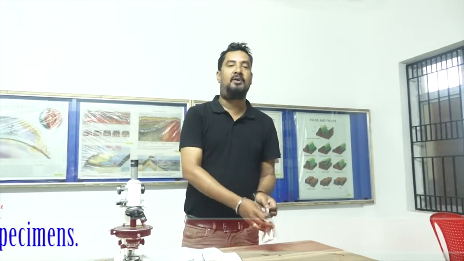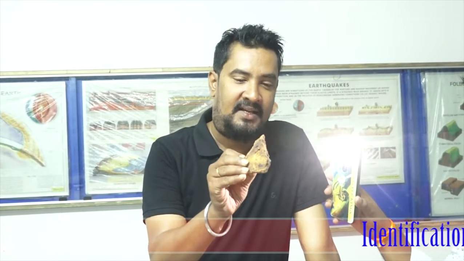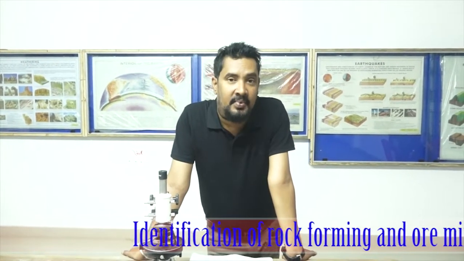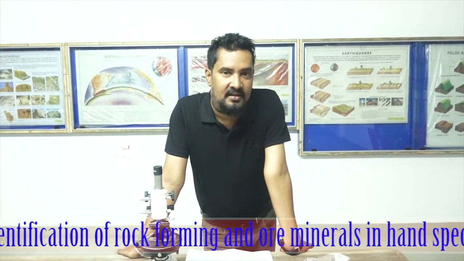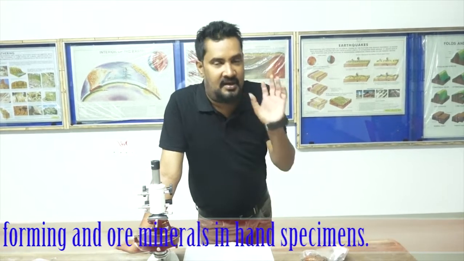The third property is luster, the ability to reflect light. Luster may be of various types: pearly, like the color of a pearl; resinous, the luster of a resin; earthy, the luster of earth or clay.